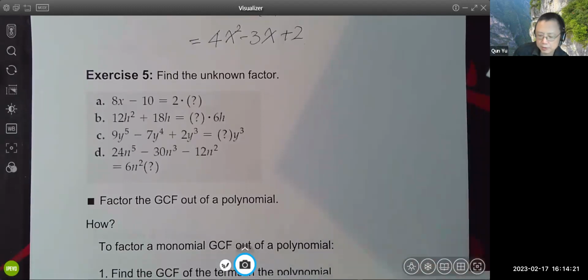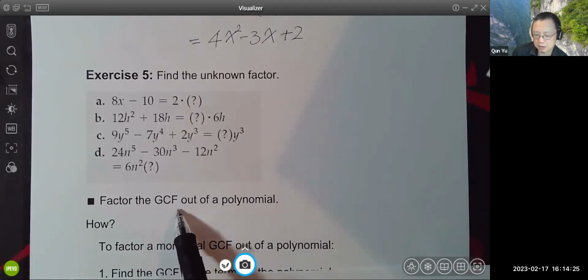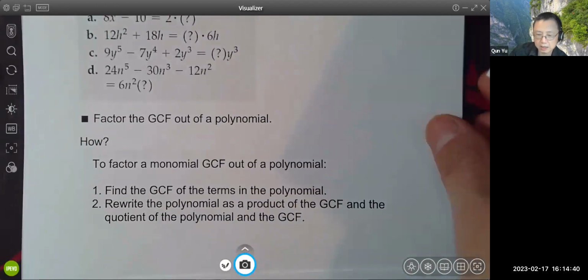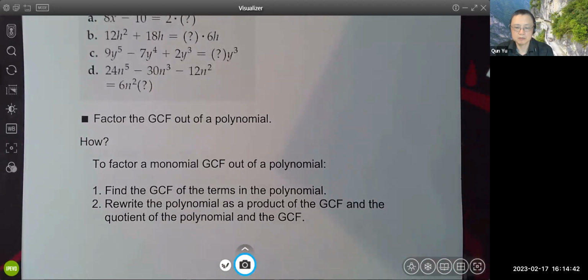Our next topic, how to factor the greatest common factor out of a polynomial. And let's see how to do that. We already know what is the greatest common factor, right? And this is precisely how you do that. And on the next page, I will demonstrate how to do that. Basically, it's a 2-step procedure.